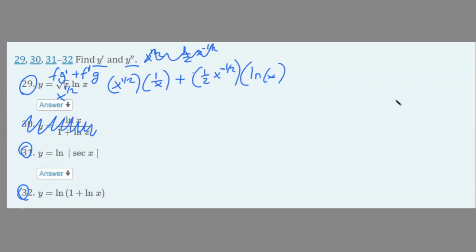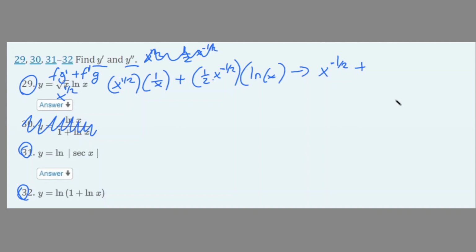So I don't know why I crossed that out, but now we're going to simplify this. So on the first part, we have x to the 1/2 power times 1 over x, which essentially is going to be x to the negative 1/2 power, because you have 1/2 minus 1, which is negative 1/2.